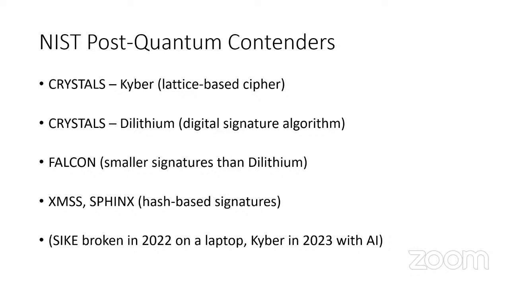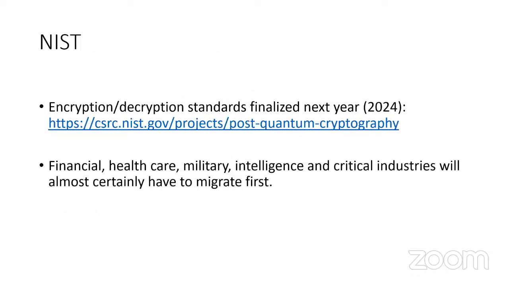But typically, Kyber and a few of these others, instead of using discrete logarithms or prime factorization, use what's called lattice-based cryptography, and it's a geometric version of keys, just like elliptic curves are. It's believed they're going to be quantum resistant, but nobody really knows. So we'll find out next year.